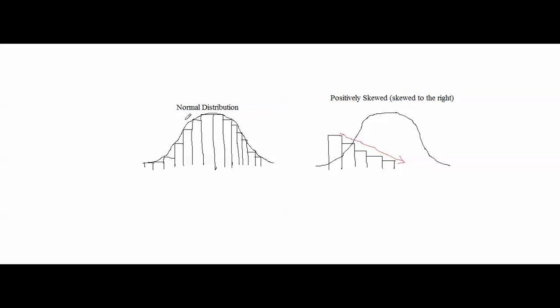Now what about the opposite type of graph? What if it peaks at the right end and then trails off to the left? The reason I'm putting a normal curve here is just to show you how it doesn't follow a normal curve. So when I draw this normal curve right here, this normal distribution, you can see how the shape of the bars doesn't follow this type of shape. So we'll make one that peaks at the right end like this.